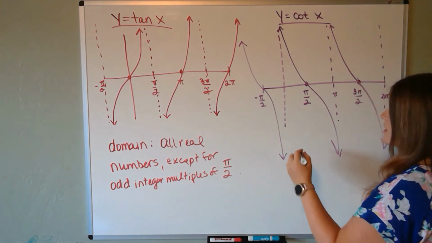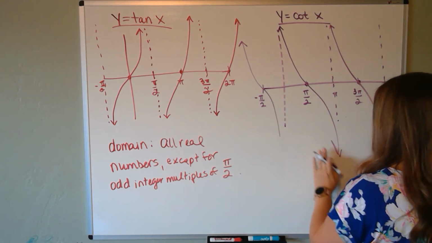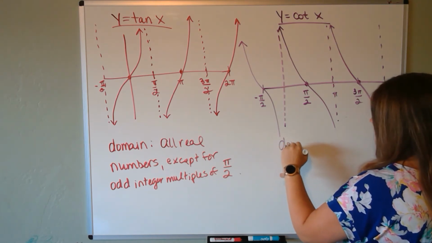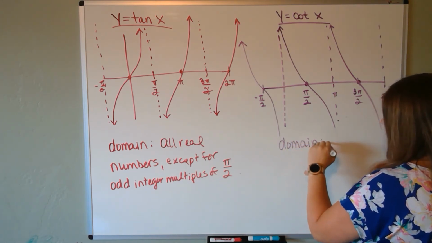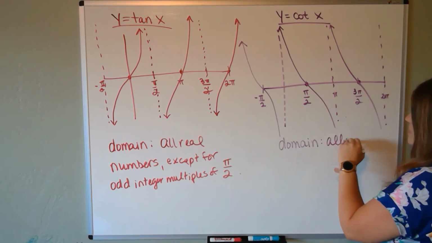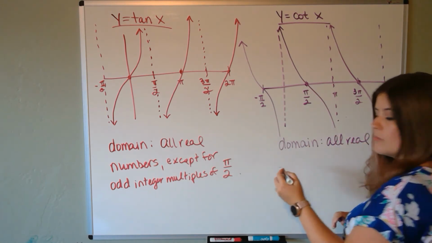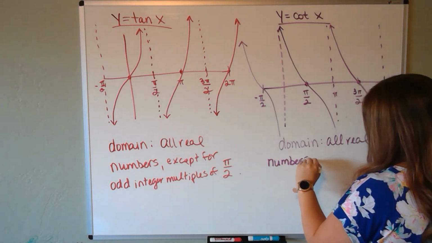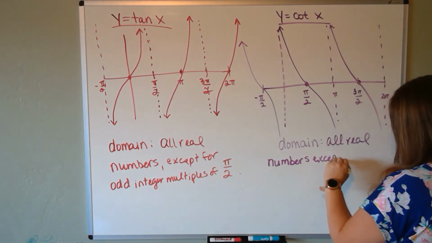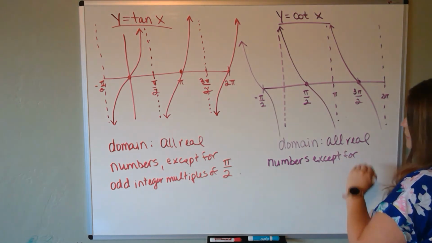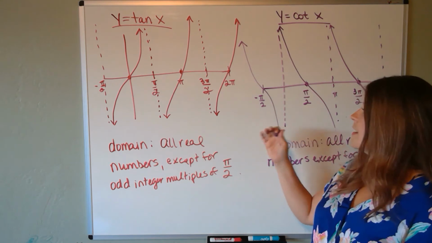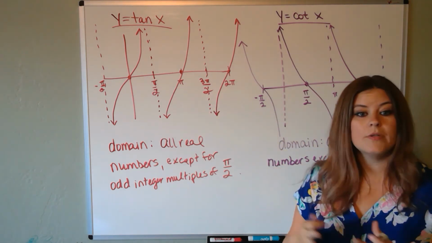So how would I say the domain of cotangent? Well, again, I would start by saying it's all real numbers except for, and you guys, I don't have to use the word odd here because I'm not trying to get pi over 2's, I'm trying to get whole numbered pi's.